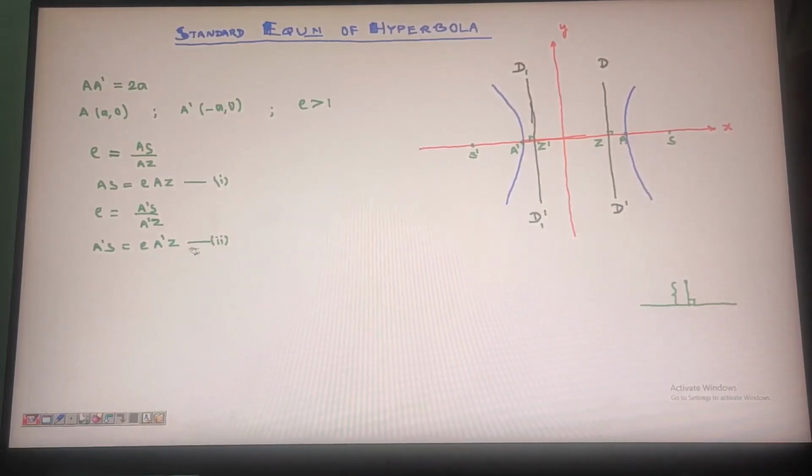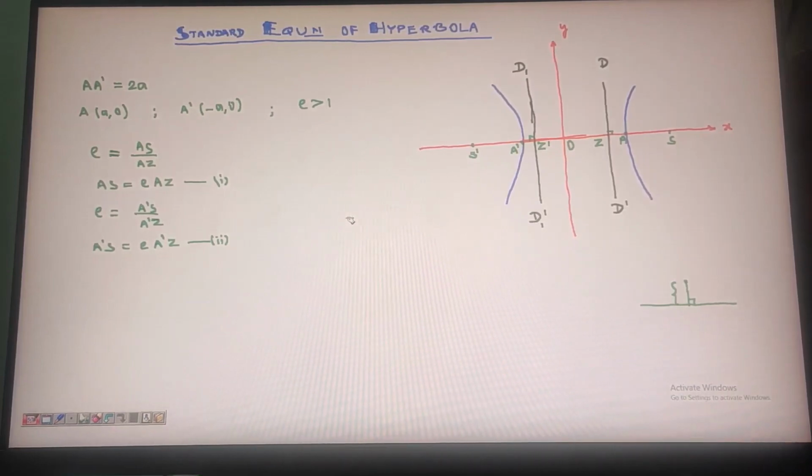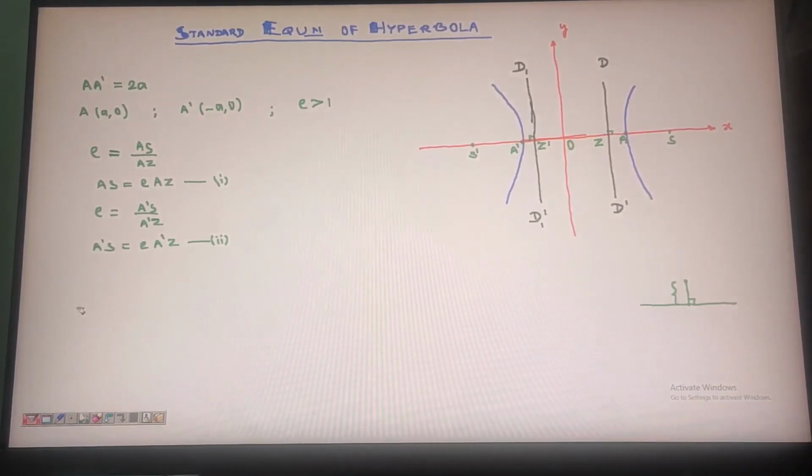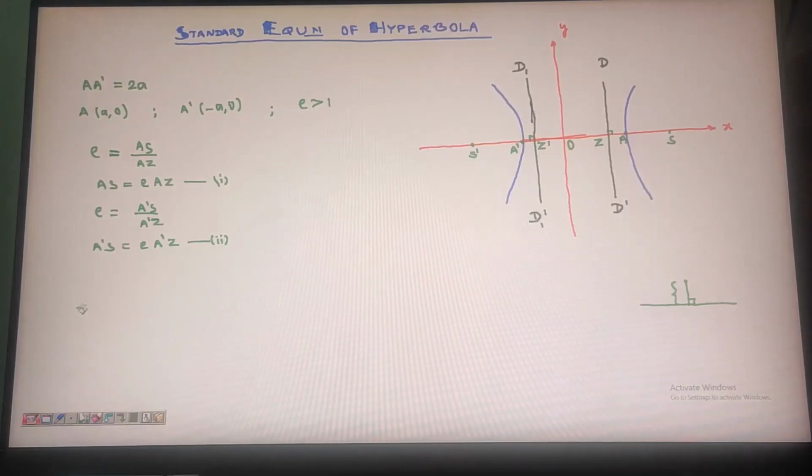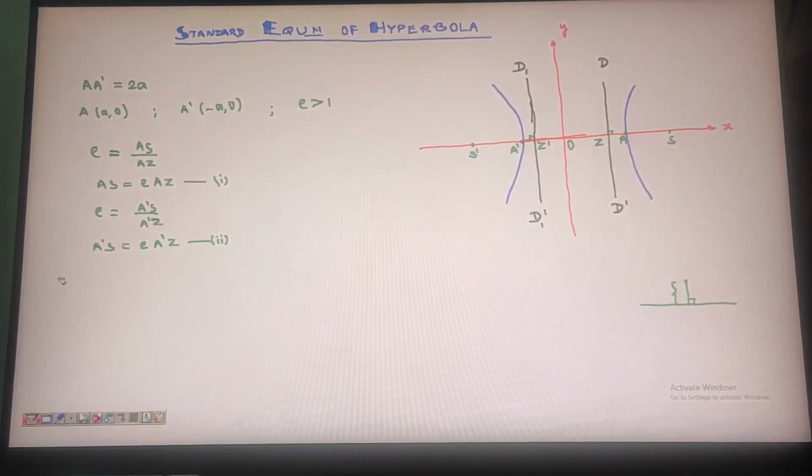Okay, so these two equations we have formed, and this is, no doubt, the origin, right? We will do the operation because our motto is to get the coordinate of S and the equation of dd dash. So first I'll add 1 plus 2.